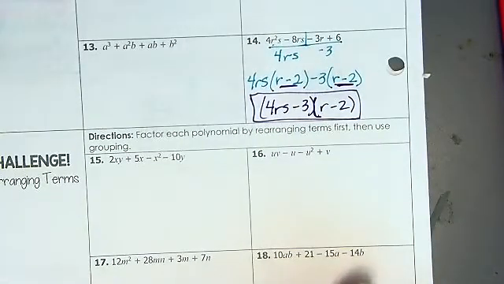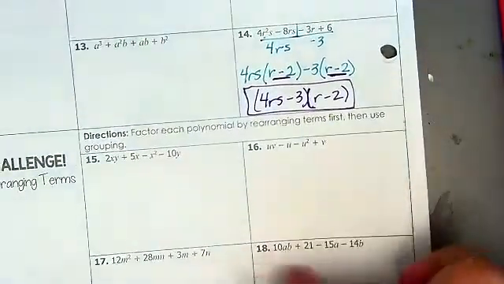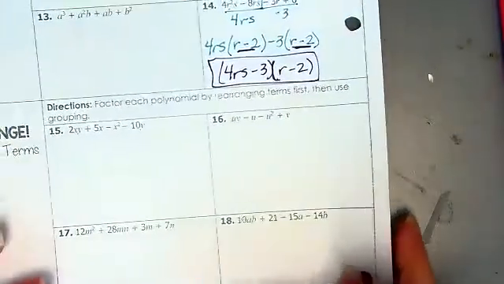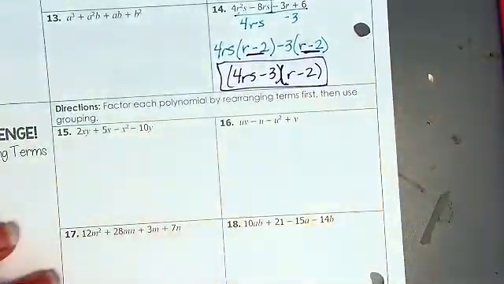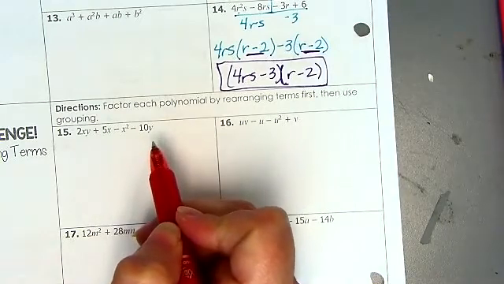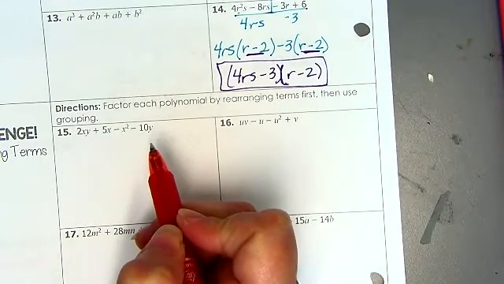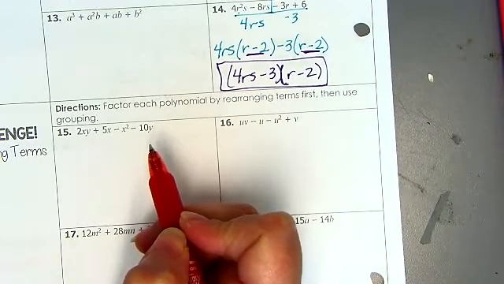All right, looking at these, this is where you've got to remember, here we're having to rearrange the terms to be able to group them because they're not always written in the best order. So when I'm looking at this, if I rearrange this and write it in standard form, possibly it'll work.